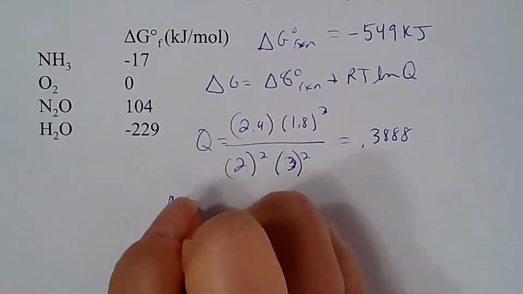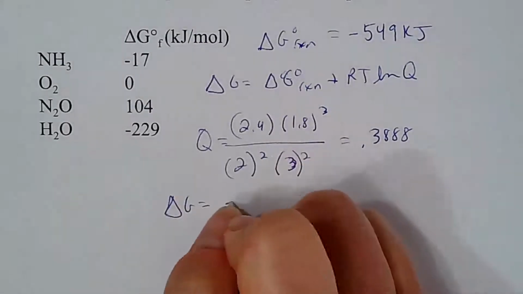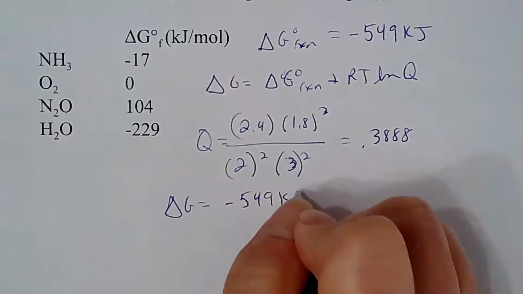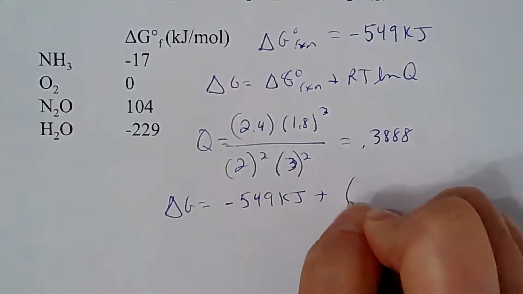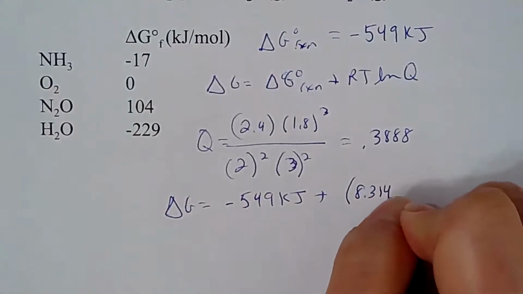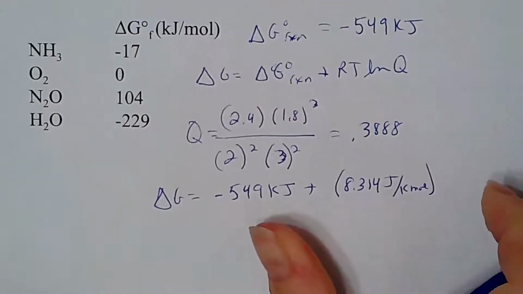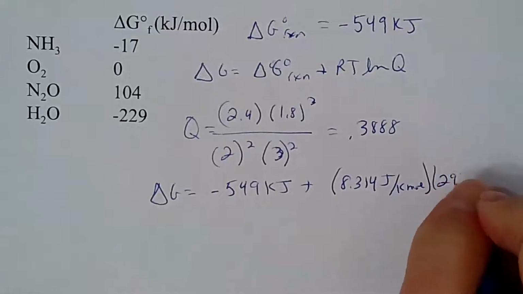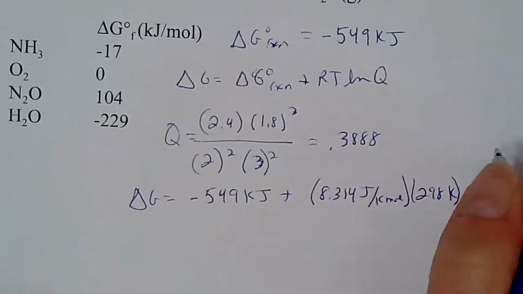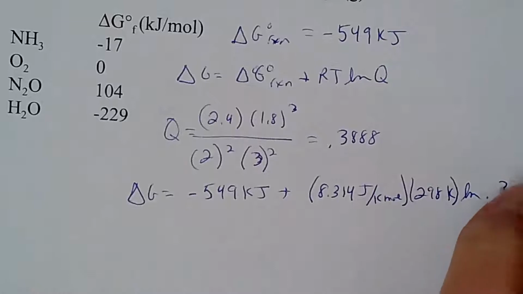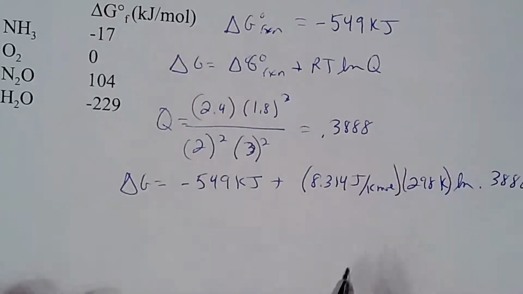Then to find my delta G under non-standard conditions, negative 549 kilojoules, plus my R is 8.314. Recognize this is joules per Kelvin per mole. I have 298 as my Kelvin, and then it's the natural log of 0.3888.